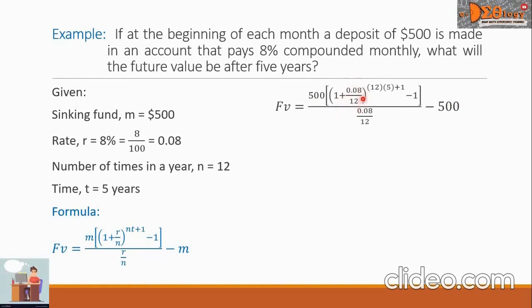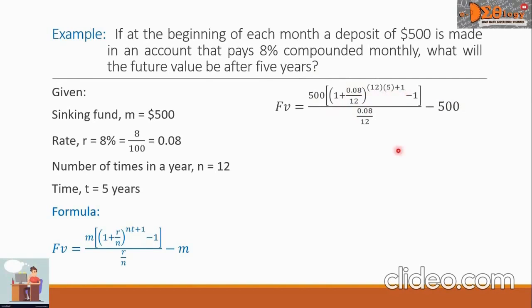The same fraction is found in the denominator here. And in the exponent, we have NT plus 1. That is the 12 times 5 plus 1.